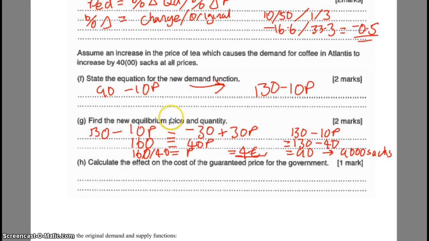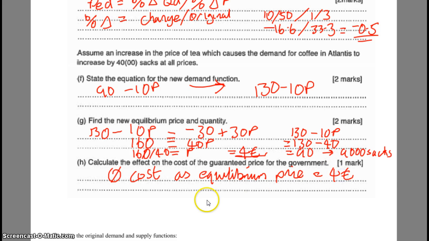When we're in equilibrium, supply equals demand, and there isn't a surplus, so there is zero cost as the equilibrium price is equal to €4, which is the minimum price. So they don't have to spend anything. So dead simple there.